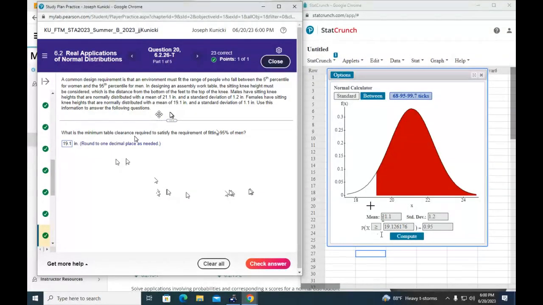It's 95% should be on the greater than. No, that's the probability. This is the X value. I think she's talking about the symbol itself, the greater than or equal to symbol. No, this can't be a probability. This is an X value. It's the number from the inches.